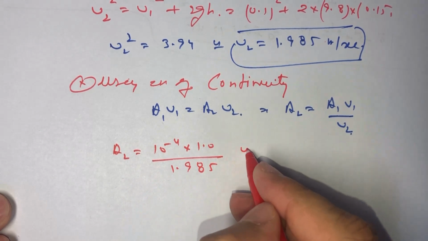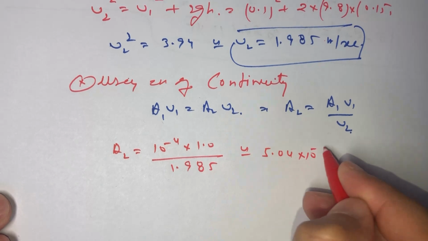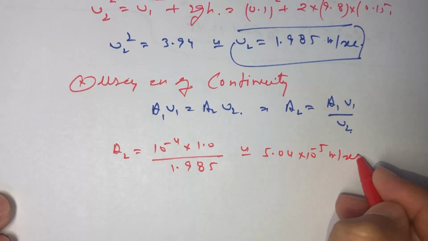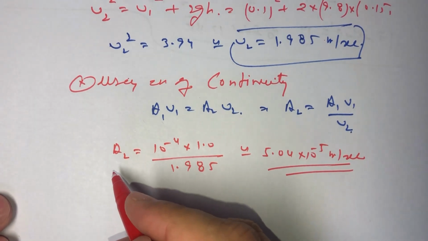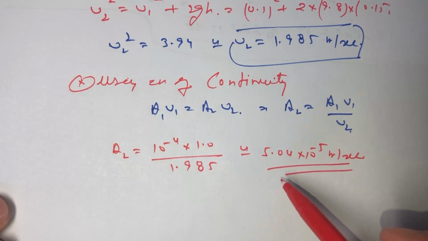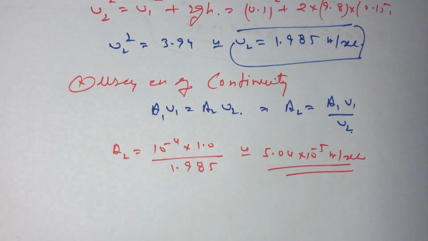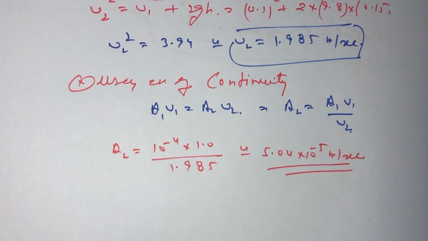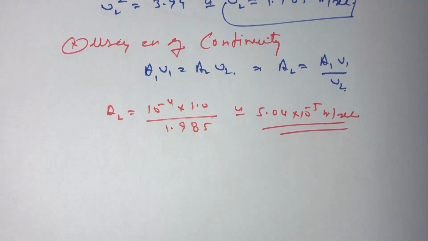So this A2 comes approximately as 5.04 into 10 to the power minus 5 meter square. So this is the area of cross section of the stream below the tap, at a distance of 0.15 meters. So this we used Bernoulli's theorem, and we can use the equation of kinematics also.